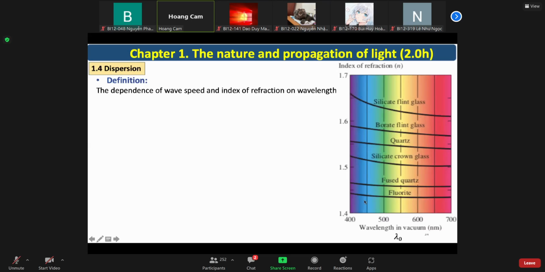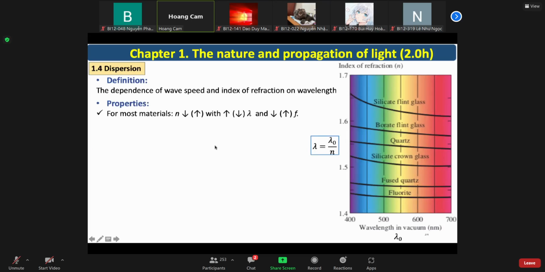At 400, the index of refraction is more or less around 1.65, 1.652 for example. And at 700, it should be like 1.61. So you see the difference between the values of refractive index for the two wavelengths is very large for the silicate flint glass. So here we see the relationship.